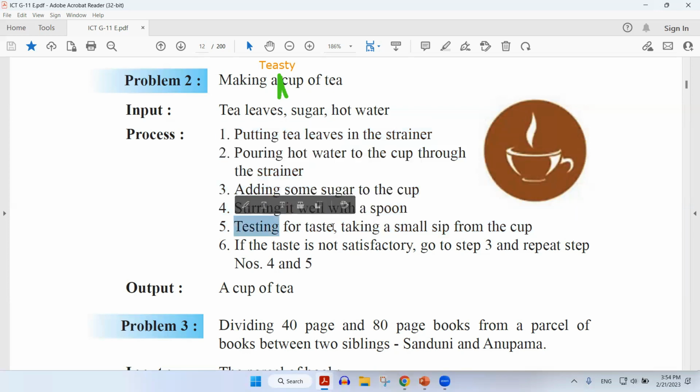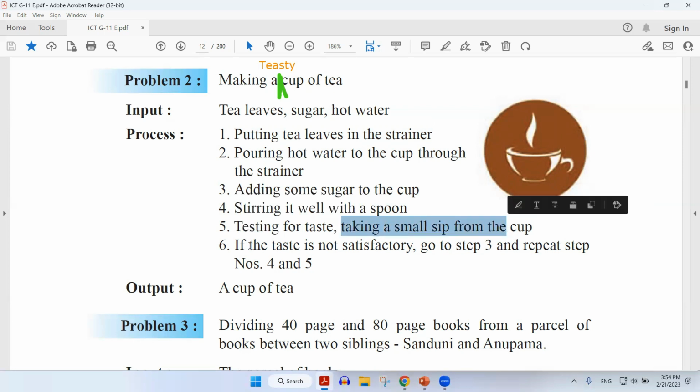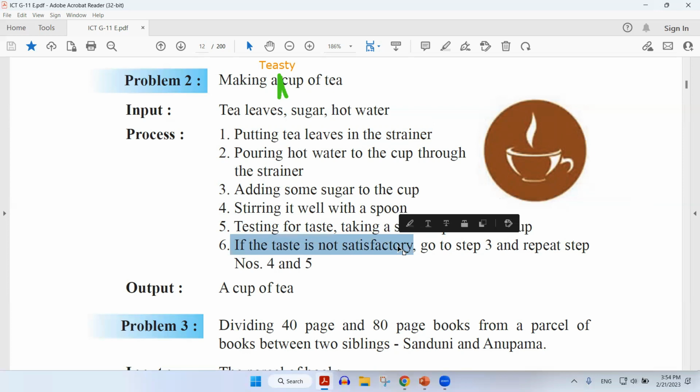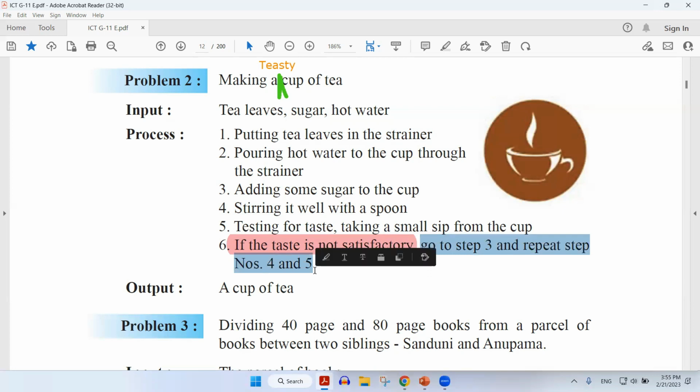But here, the most important thing is this. They are testing the taste, taking a small sip from the cup, and look at the sixth one. If the taste is not satisfactory, this indicates a condition. So we check whether the taste is satisfactory or not. If it is not satisfactory, then it asks us to repeat the third step, as well as the fourth and the fifth.